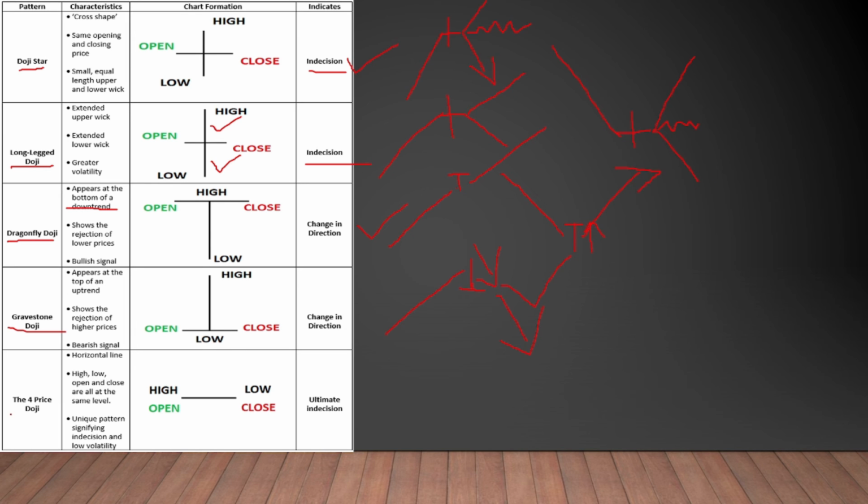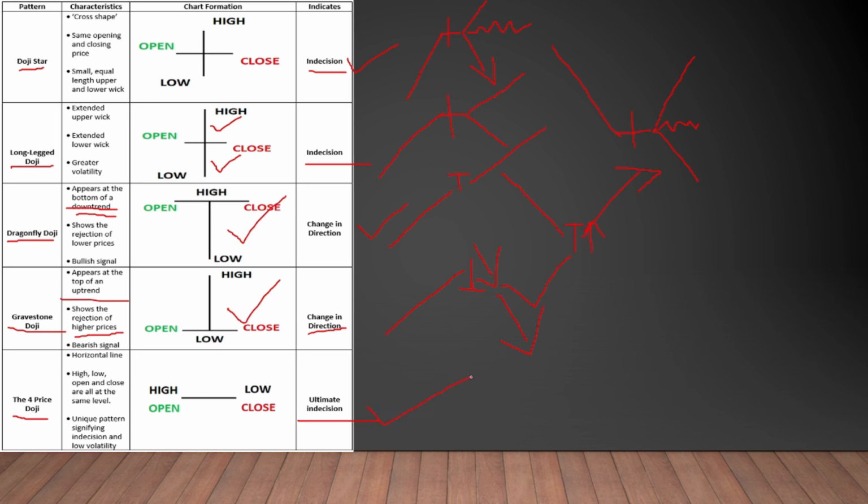And the last doji candle is the four price doji. Friends, this is ideally difficult to find on the chart, but just for understanding I have kept it here. You can see all four price points at the same level: high, open, low, close. Ideally not possible, but it gives a signal of ultimate indecision, friends.